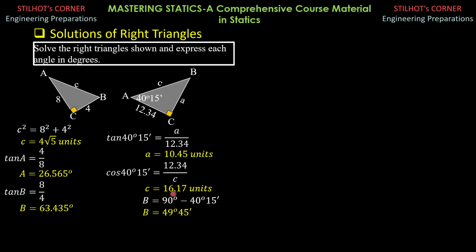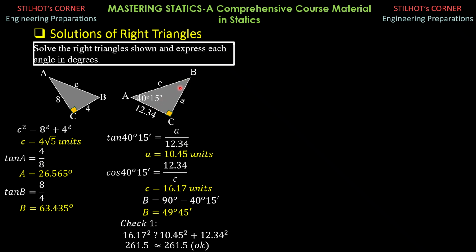Let's check if 16.17 squared is equal to 10.45 squared plus 12.34 squared. The left side is 261.5 units squared, the right side is 265 point something units squared also, so that checks.